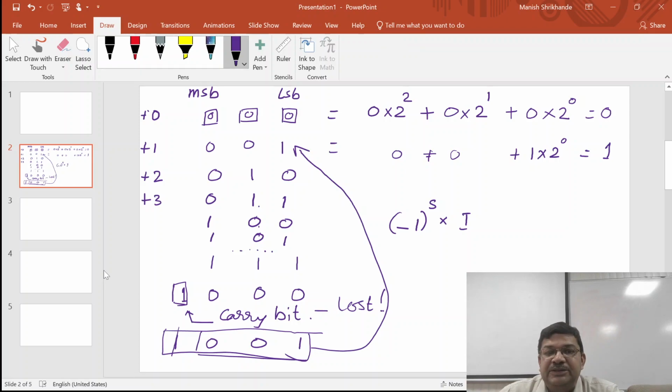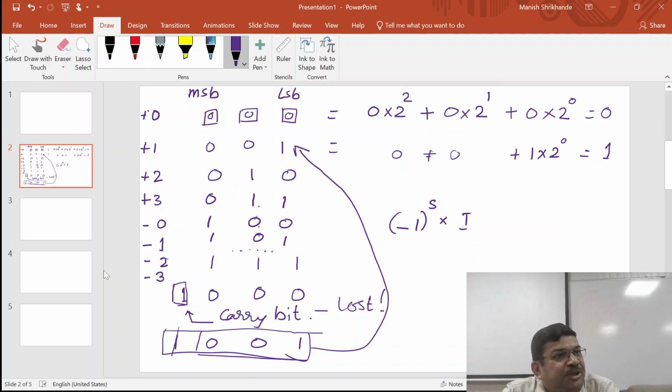Whereas for the next numbers, the sign bit is equal to 1. So minus 1 raised to the power 1 is going to be minus 1, multiplied by the magnitude of the number, that is 0. So you have negative 0, and then negative 1, negative 2 and negative 3.